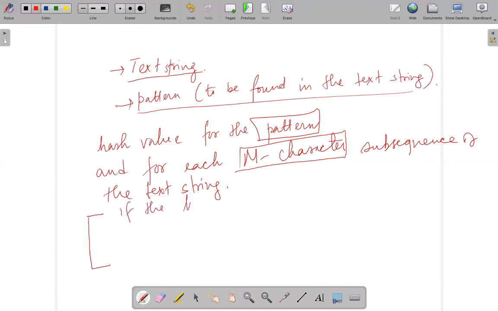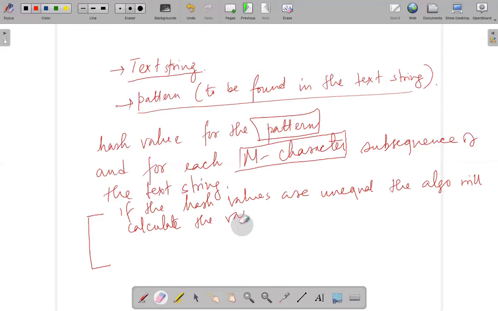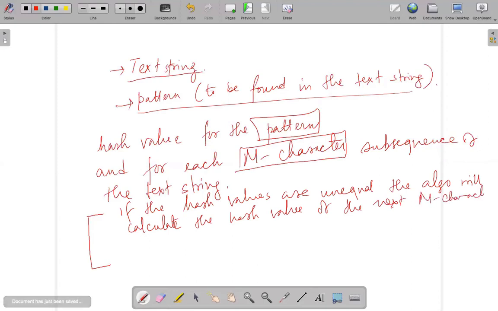If the hash values are unequal, okay, if the hash values are unequal, the algorithm will calculate the hash value of the next m character subsequence of the text string.